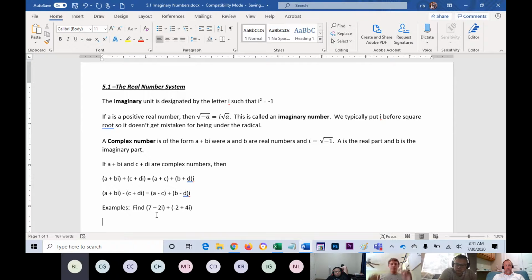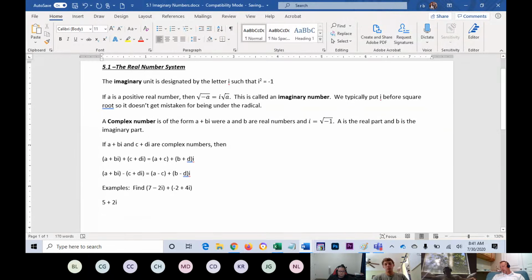Yeah, so it would just be 7 plus -2, which is 5. And then you take -2i plus 4i, which would be 2i. Okay. So these aren't too bad, right?